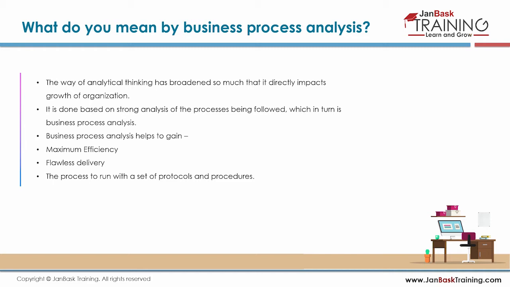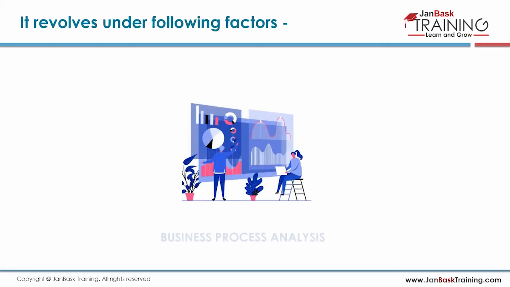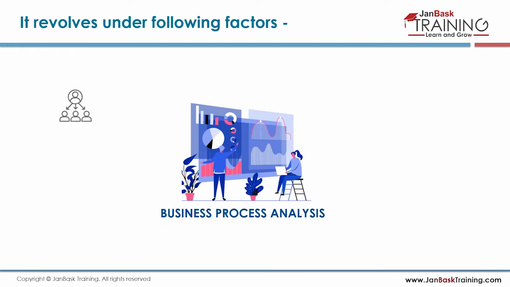It revolves around the following factors, and these factors are very important. The first one is stakeholder listing. Listing down the stakeholders, or the people who would be involved in driving this process, is very important because these are the actual contributors who are directly or indirectly impacted by the result of the business process. These stakeholders move forward to analyze the process.